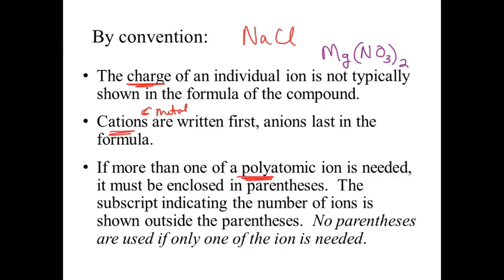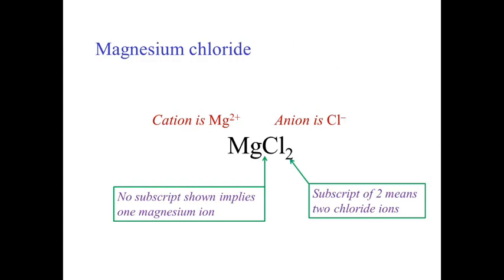So all this is saying is that if you need more than one, which we do in the case of magnesium nitrate, you put nitrate in parentheses and then you put a number outside. No parentheses are used if you only need 1. So an example of nitrate again is sodium nitrate, NaNO3. In both of these cases, actually, I have a neutral formula. We'll talk about that. That's section 3.